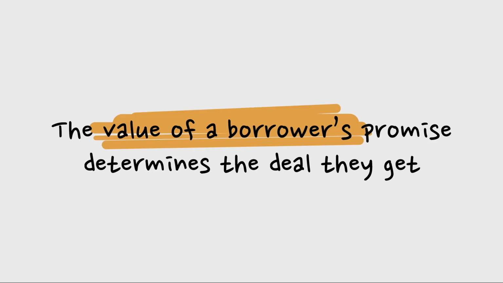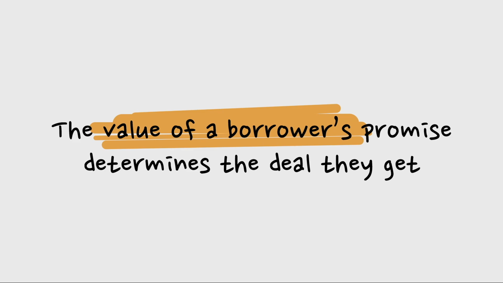It's the value of the borrower's promise, in the example we were looking at, Barb's promise, that's going to determine what kind of deal she's going to get. So the value of the borrower's promise dictates the terms of the loan that they get.